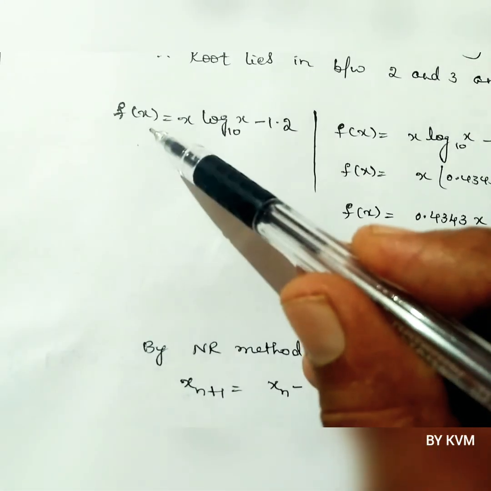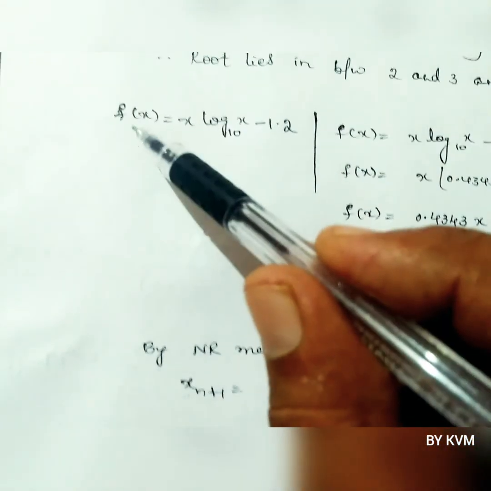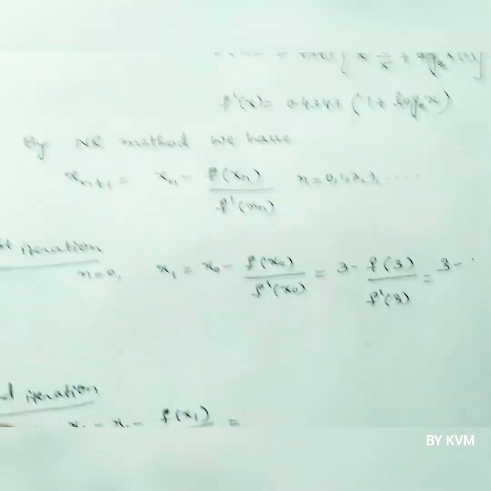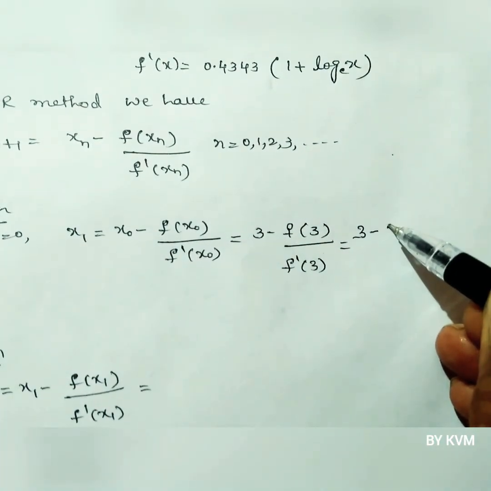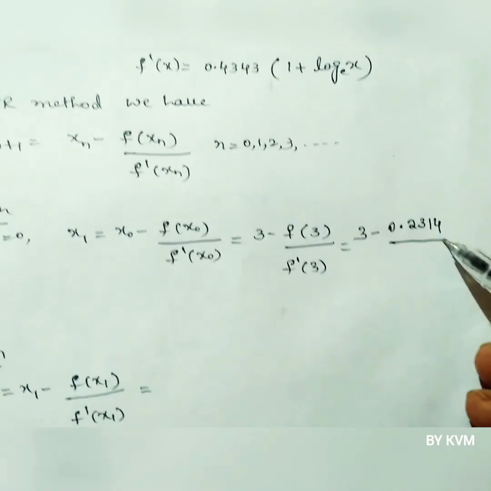F of x is x into log x to the base 10 minus 1.2. F of 3 is 3 into log 3 to the base 10 minus 1.2. So we get 3 minus 0.2314 whole divided by f dash of 3.